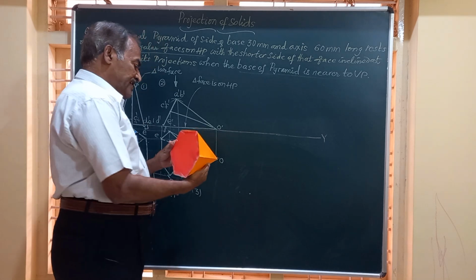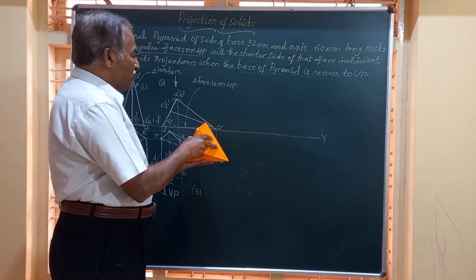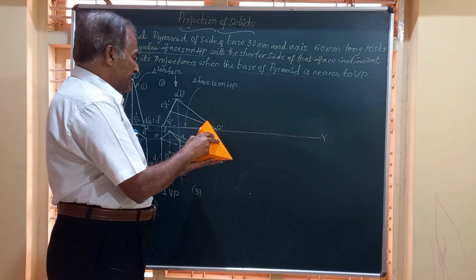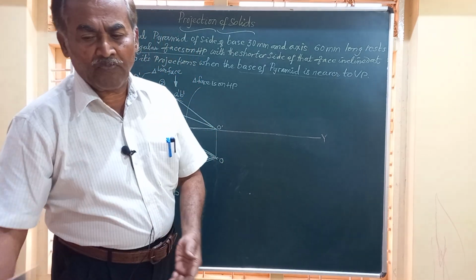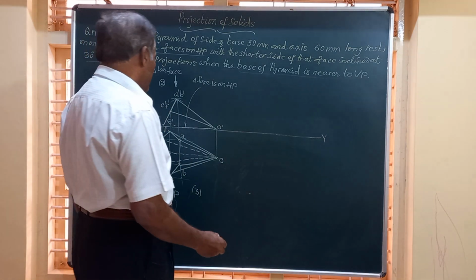So it was like this, and I am going to redraw this such that DE is at an angle to VP and obtain the corresponding top and front views.